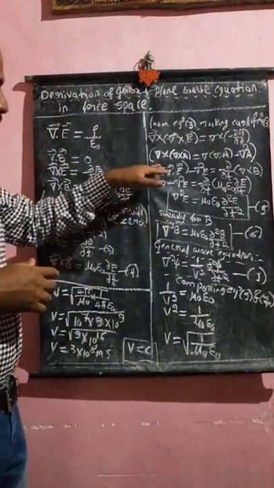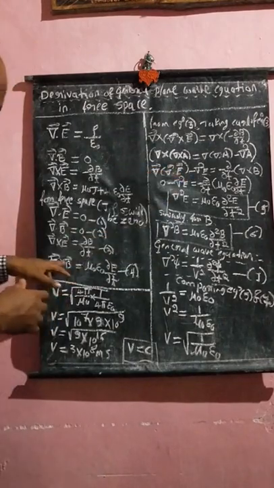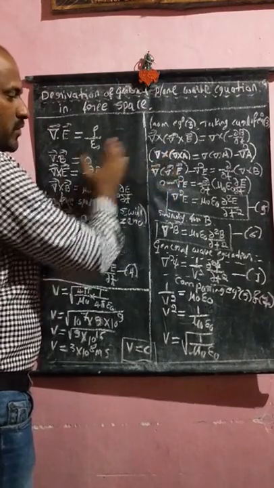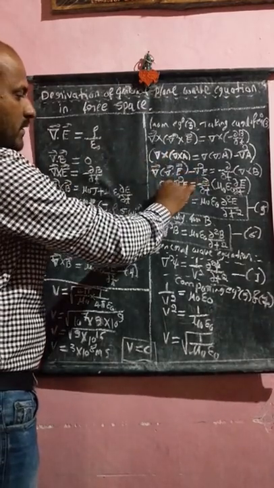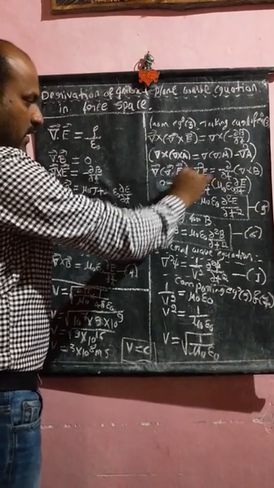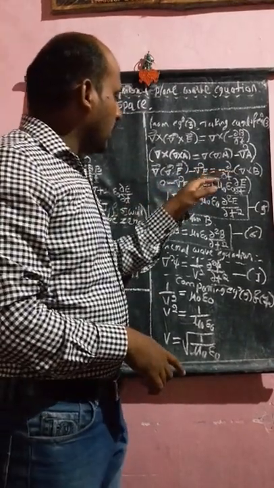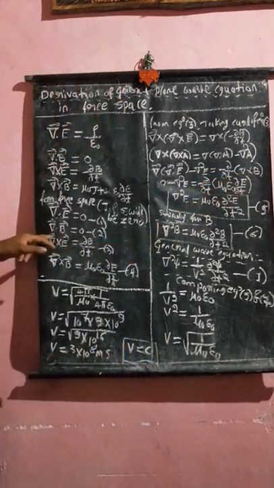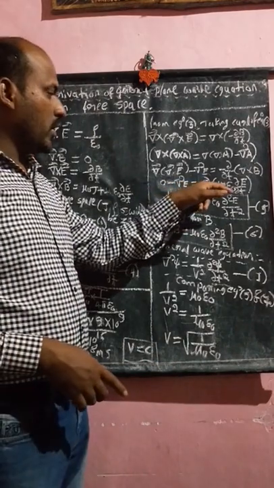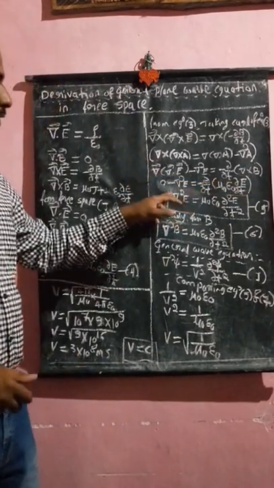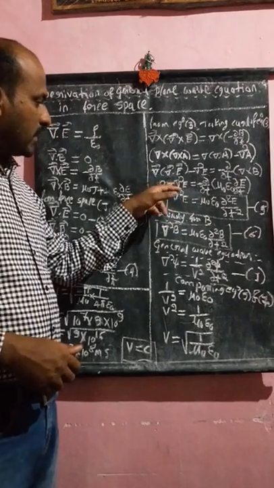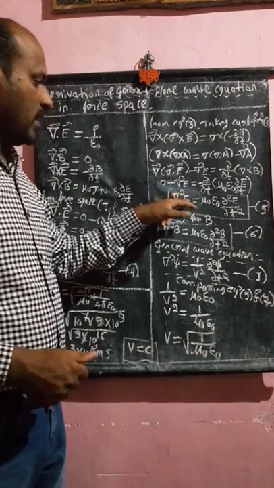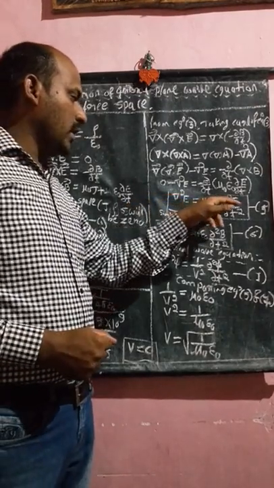I put del dot E equal to 0, so that term is 0. Remaining is minus del square E is equal to minus dou by dou t of del cross B. Putting del cross B as mu naught epsilon naught dou E divided by dou t, the minus signs cancel, so del square E is equal to mu naught epsilon naught dou square E divided by dou t square.